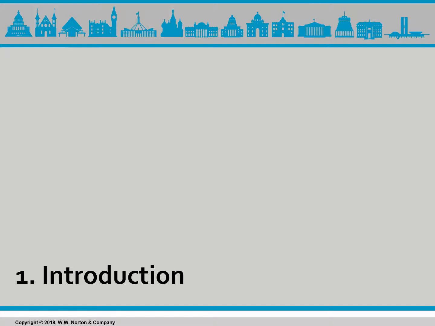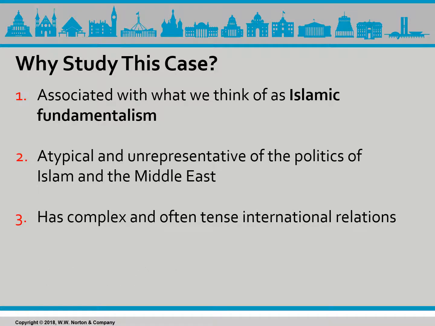So with introduction, we need to cover some things like geographic and demographic features. So why are we studying this case? First and foremost, Iran has a population that demonstrates what we would think of as Islamic fundamentalism. And I'll get into what fundamentalism is in a moment. They're also atypical and unrepresentative of the politics of Islam in the Middle East.